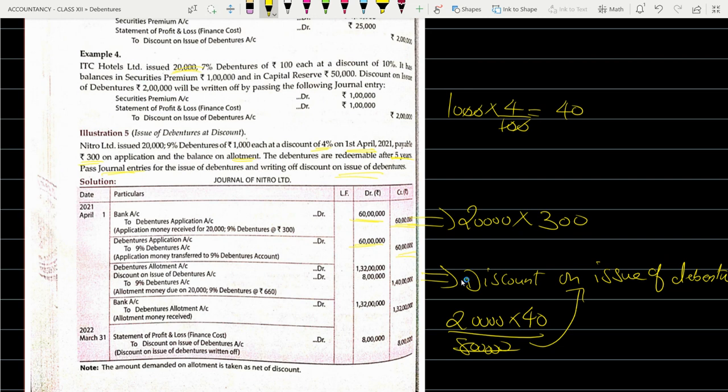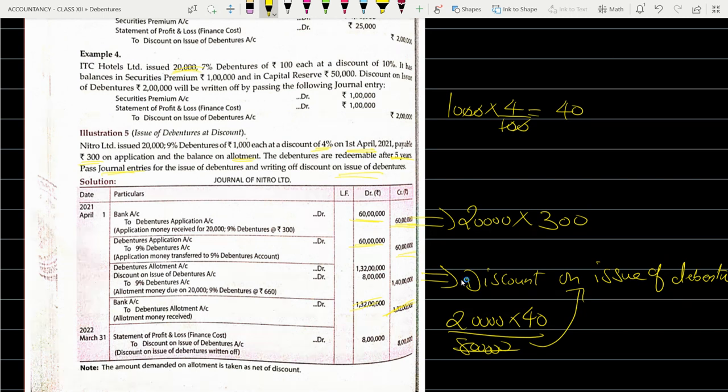And then you are going to pass a journal for the allotment money received. It is bank account debited to debenture allotment account, right? So bank account debited to debenture allotment account, and here the amount should be 1,32,000 and nothing else. And finally, when you have a discount, make sure that the discount gets written off in that particular year itself.